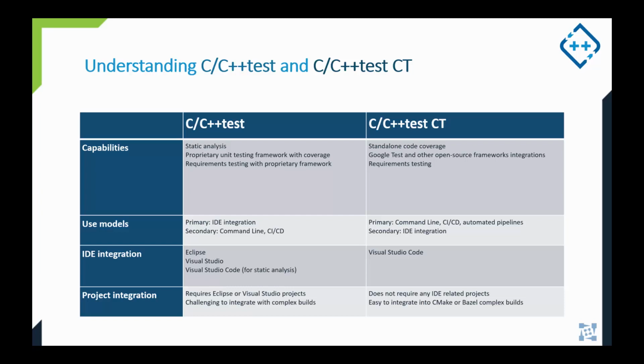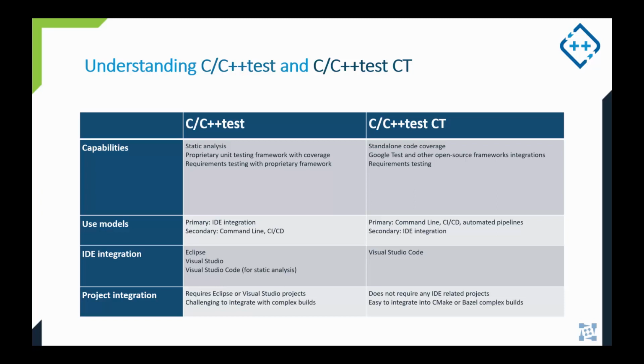Also, C++test offers its own proprietary unit testing framework with code coverage and requirements traceability. As we just covered on the previous slide, C++test CT enhances open and existing unit testing frameworks like GoogleTest with code coverage and requirements traceability.